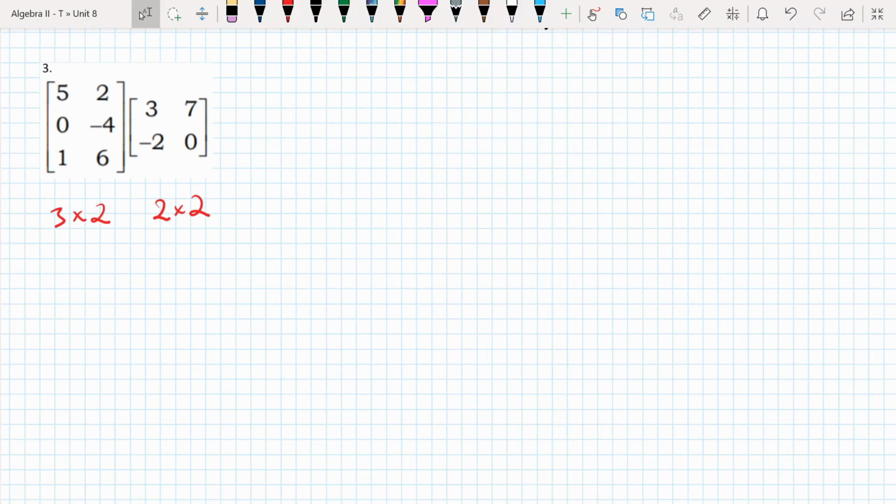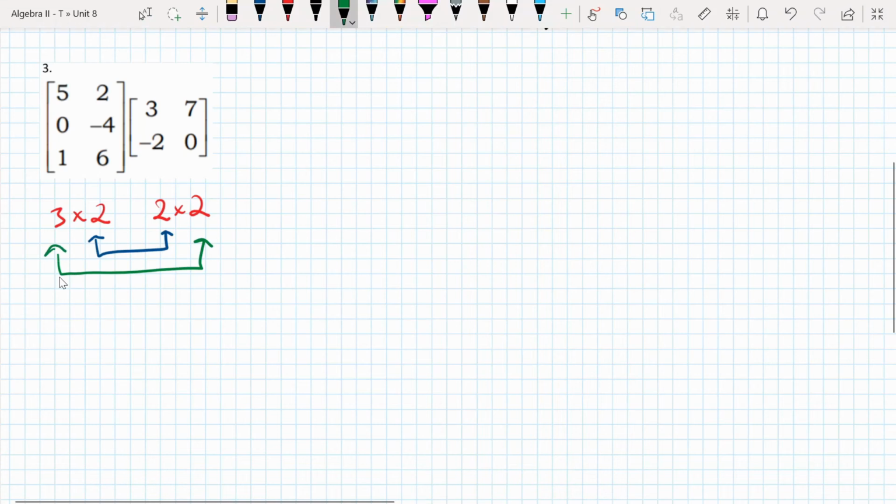So first, think to yourself, are we allowed to multiply these together? Do these numbers match up? Yes, they do. The resulting matrix is going to be a 3 by 2 matrix. So how do we do this again?